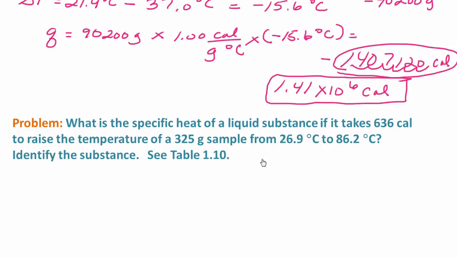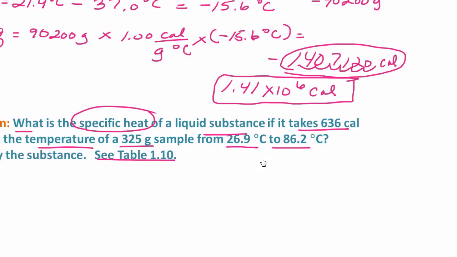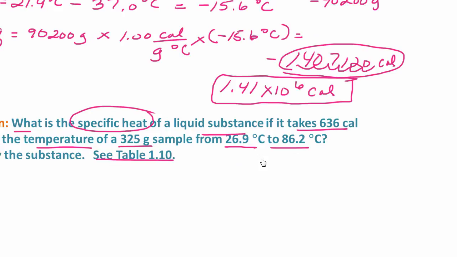In this next problem, we're being asked for the specific heat of a liquid substance if it takes 636 calories to raise the temperature of a 325 gram sample from 26.9 to 86.2 degrees Celsius. It also asks us to use table 110 to identify the substance. So what we have is our equation, of course.